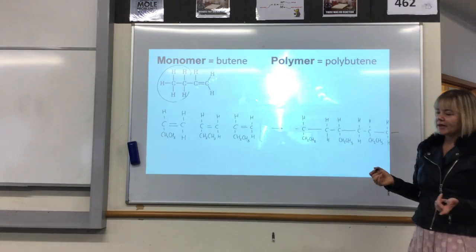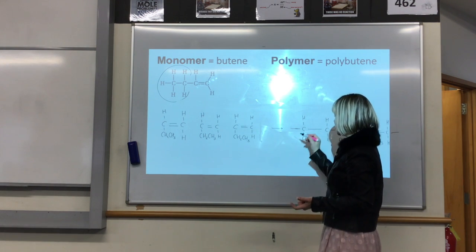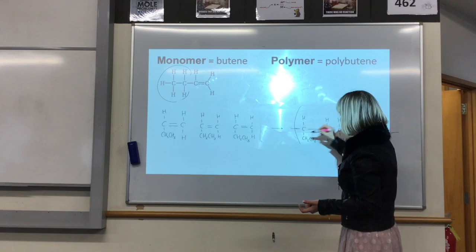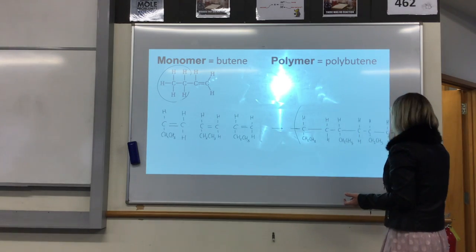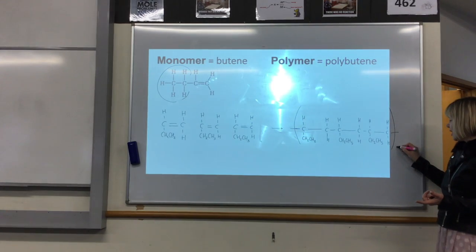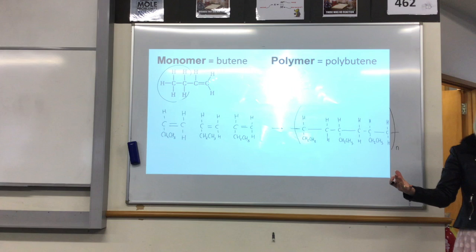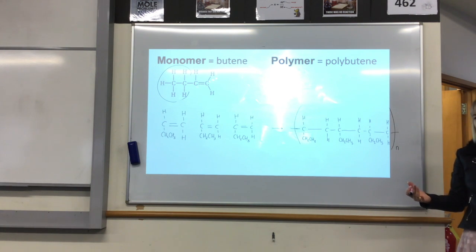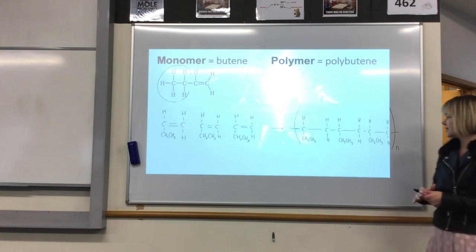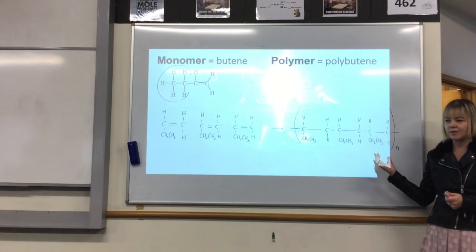What you might find in some of the old textbooks or old notes is there might be brackets around like so, and every now and then some people put an n which shows that it goes continuously, but I recommend if they have asked you to do 3 repeat units, you do not put the n in, because this is exactly 3 repeat units, that's all they are going to be asking for.